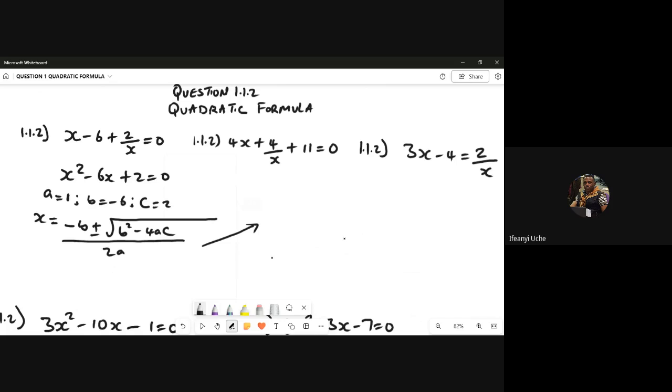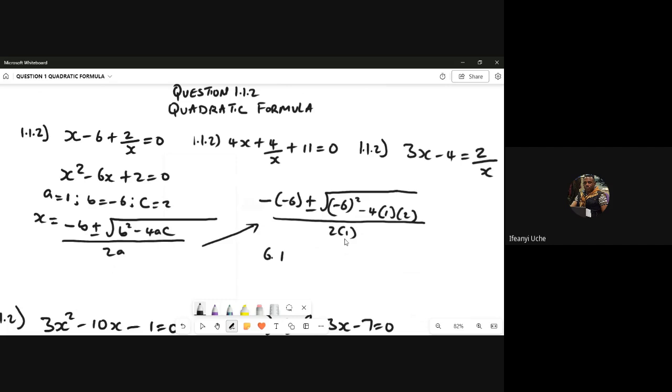When we substitute, we're going to have negative 6 plus minus, we still have our negative 6 all squared, minus 4, then we have our a, which is 1, and our c, which is 2, all over 2 times 1.